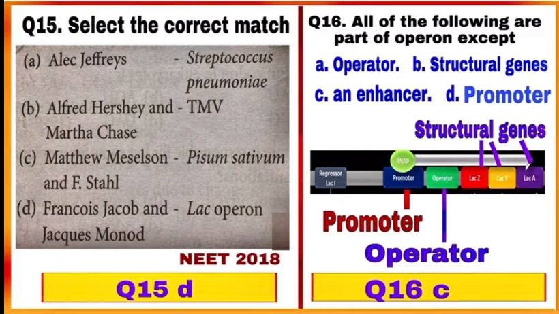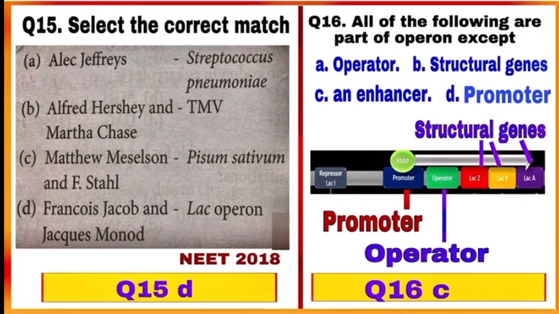C. Matthew Meselson and F. Stahl proved the semi-conservative mode of replication in the bacterium E. coli. Now come to option D. It is a correct match. Francois Jacob and Jacques Monod proposed the lac operon concept. So mark D as the correct answer.